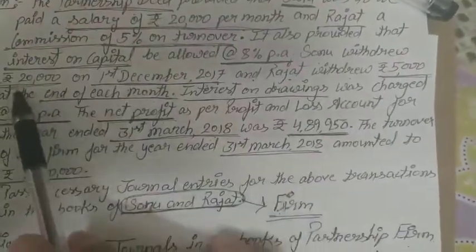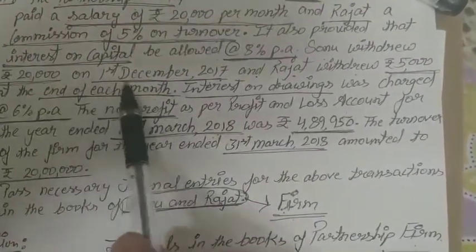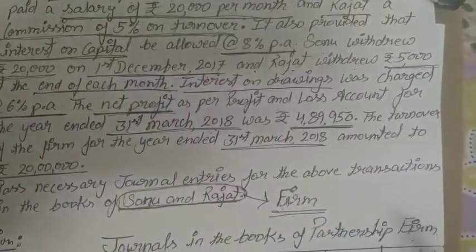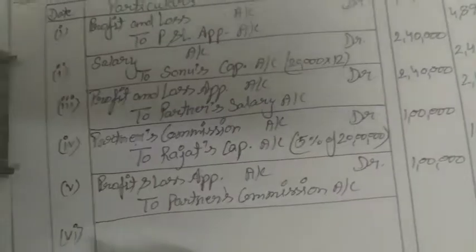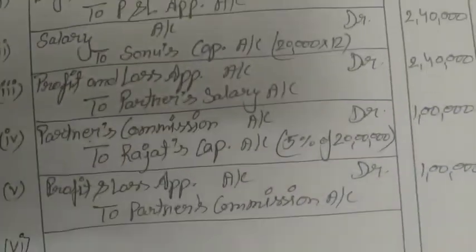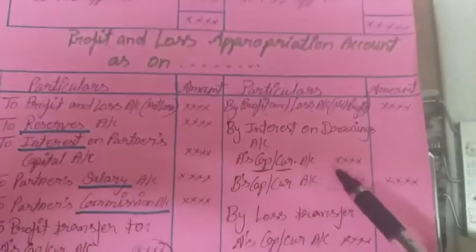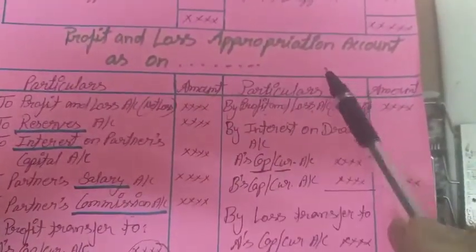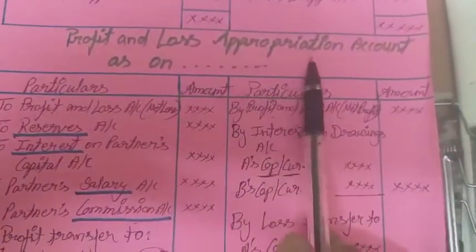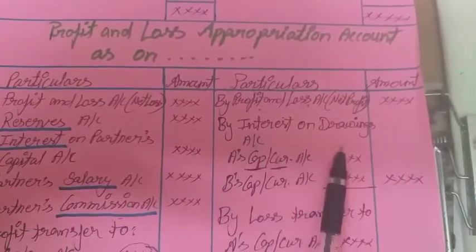Sonu withdrew rupees 20,000 on 1st December 2017. So according to this, interest on drawings, on which side do we show it? It is on the credit side of profit and loss appropriations account. It means profit and loss appropriations account is credited for interest on drawings.